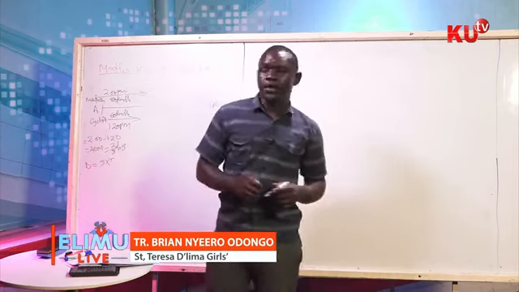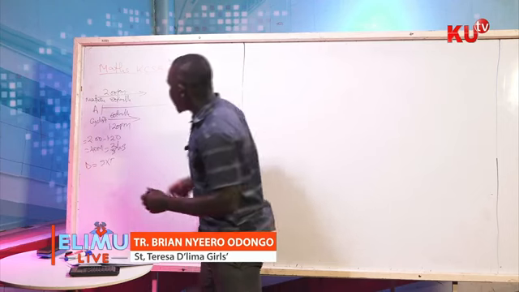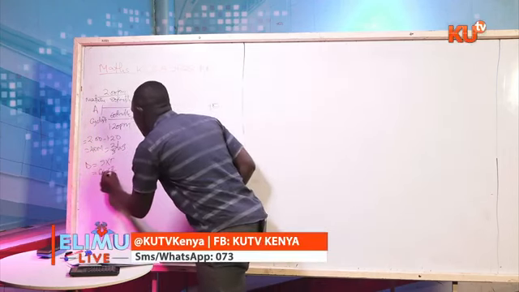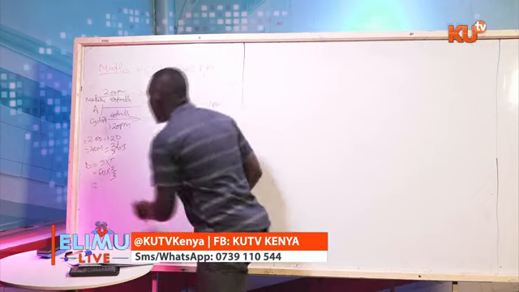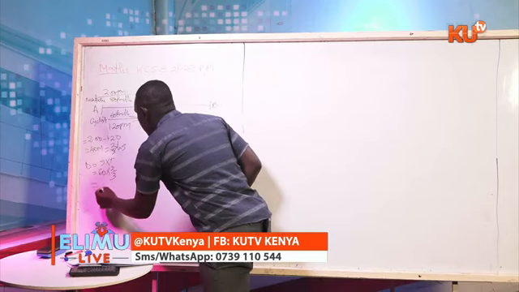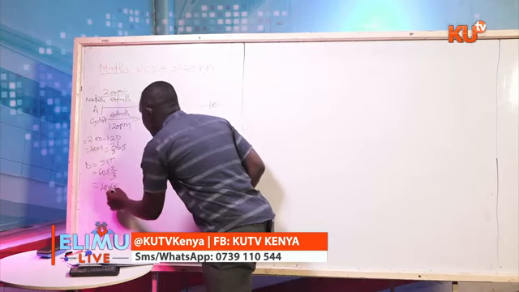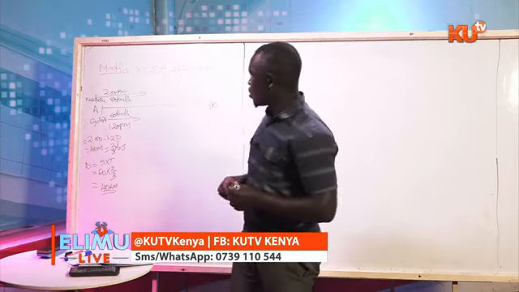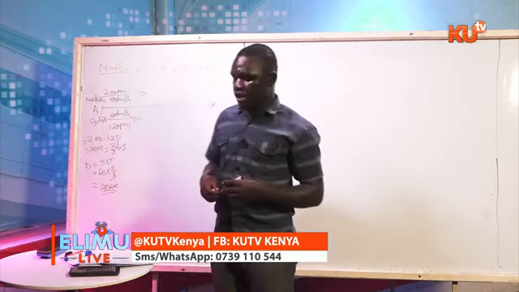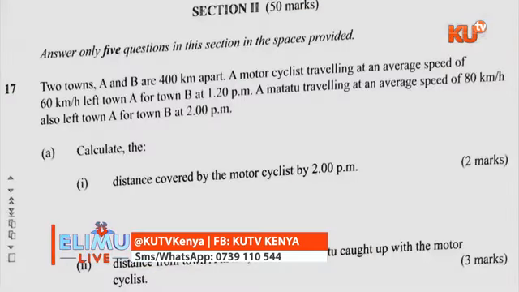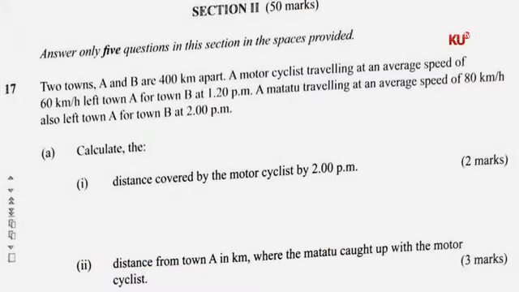The speed of the cyclist was 60, and the time is 2/3, so that gives you 40 kilometers. So by 2 p.m., the cyclist had already covered 40 kilometers from town A. So that's what question Roman 1 was asking.